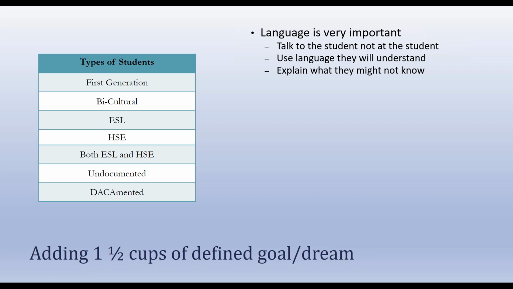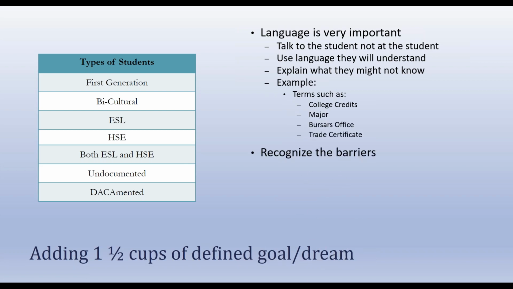Even after the workshops that we do, I sit down one-on-one with those students who attend the workshops, and I'm able to assist them even further. These are all the other terms that I was talking about.